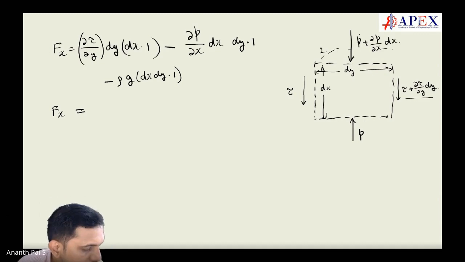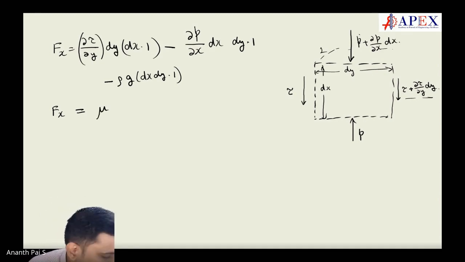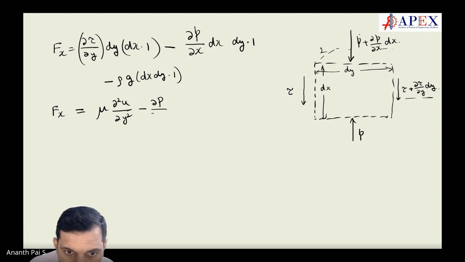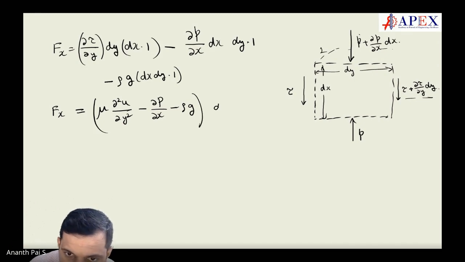Okay. So this would be mu into dou square u by dou y square minus dou p by dou x minus rho g into dx dy into 1. Correct? Makes sense. Okay.